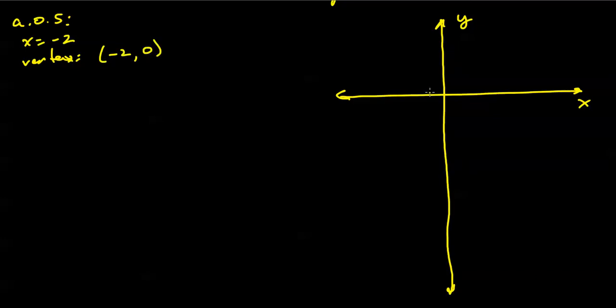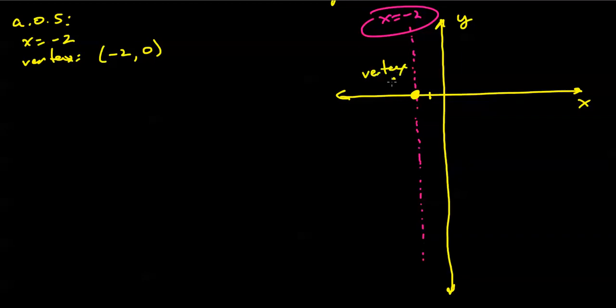So x equals minus 2 is a vertical line with the x coordinate of minus 2. And it doesn't look too bad. Getting better at it, I think. And let me label the axis of symmetry. The vertex is minus 2, 0. Well, there's the vertex, and let me label it.